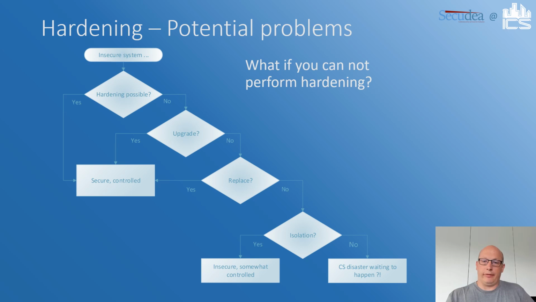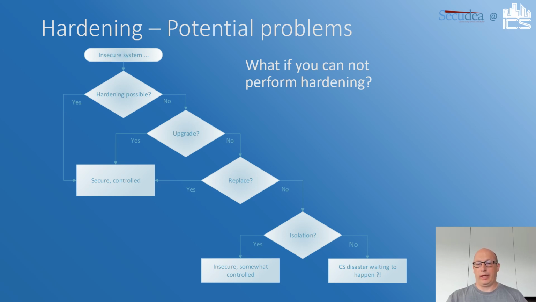Here's the little flow chart that I created for potential problems during hardening. So what if you cannot perform the hardening? Well, you have at that stage an insecure system. You cannot do the hardening, so the first thing to check is, can you upgrade the system? If you can, well, fine, you'll end up with a secure controlled system.